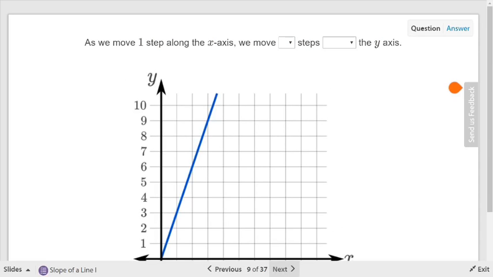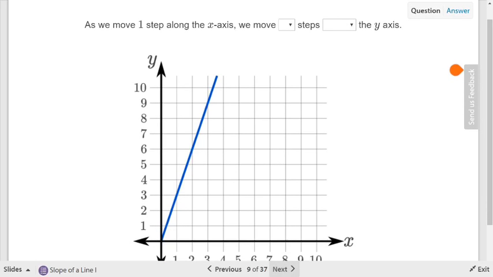Now be careful. As we step 1 along the x-axis, we move up or down, in this case up, on the y-axis. How many steps? It doesn't matter which one you choose, just choose some intersection points.